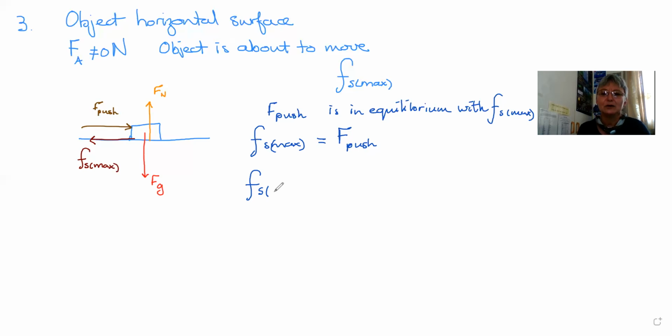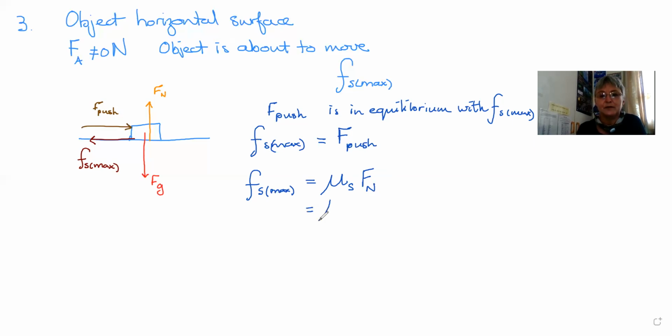So depending on the type of questions and the values that were given, you would use either of the equations. Fs max is in a relationship to the normal force, and the coefficient of static friction is the constant in this relationship. So this is another way to calculate the maximum static friction.